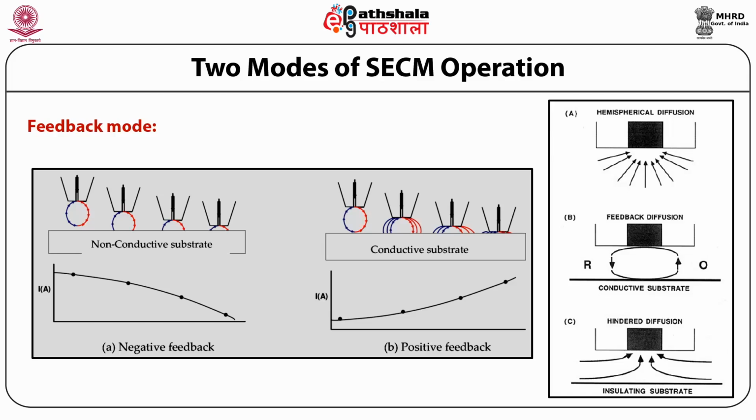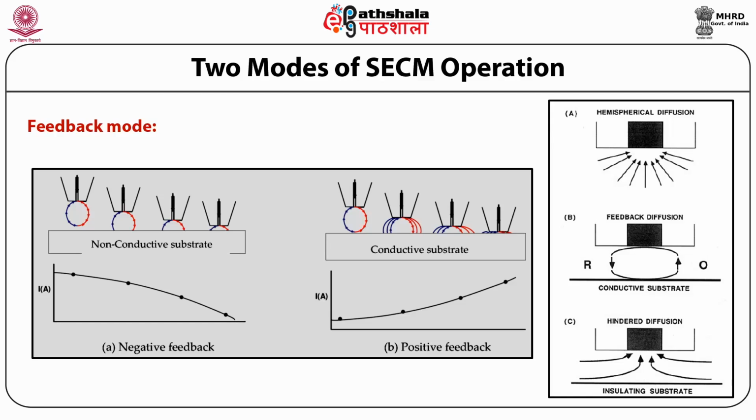A unique advantage of SECM is the ability to design experiments in which the chosen mediator can be used to provide chemical and electrochemical activity maps at micron and submicron resolution.